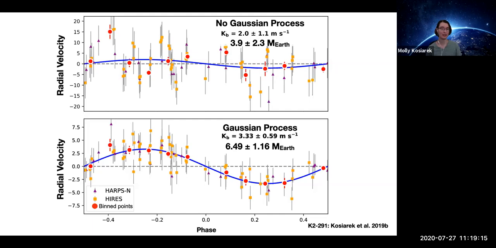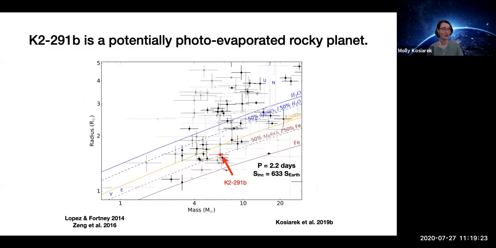Now that we have a planet mass of 6.5 Earth masses, what type of planet is this? So from the bulk density, this planet looks like a rocky planet consistent with an Earth-like composition shown on this mass radius diagram.